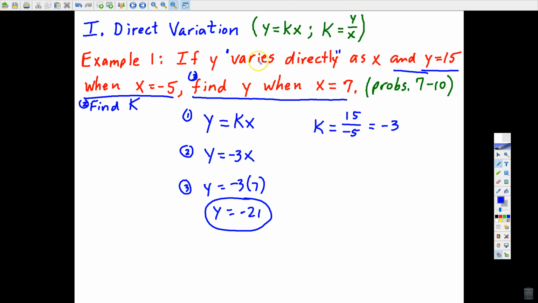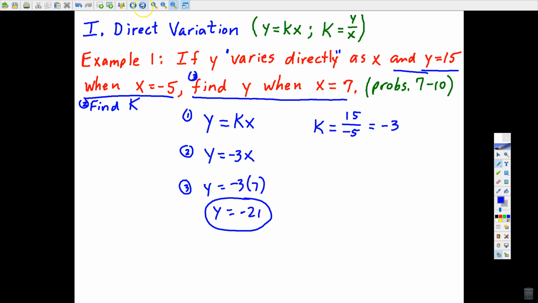Varies directly, that's phrasing that always tells us, pretty obvious, we're talking about direct variation. Pick out the equation for direct variation. Just write it down. Use the part of the problem that will give you the values for both x and y, and use those to help you find k. That will give you a specific direct variation equation that relates to your problem, and then you can use that equation to help you find your final answer.